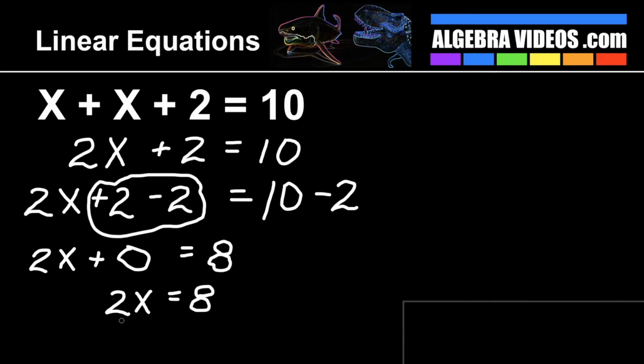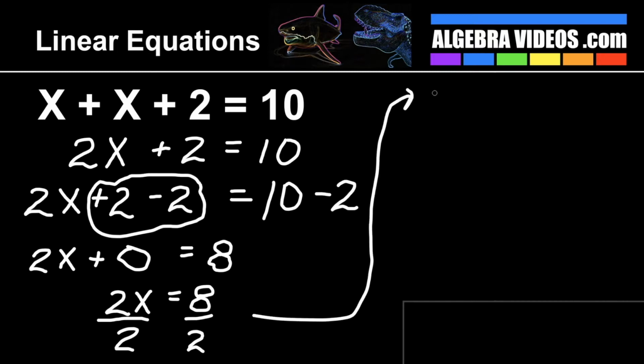And now the final step, to get rid of this 2 that's on the left side, I'm going to divide both sides of the equation by 2. So dividing by 2 and dividing by 2. So now let's just move up here and rewrite this. 2x divided by 2 is equal to 8 divided by 2.